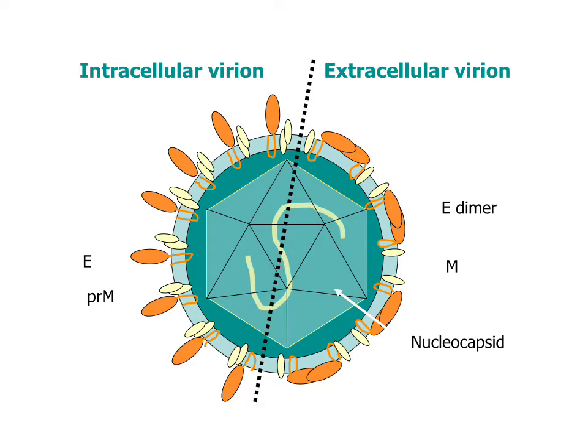Flaviviruses have 7 non-structural and 3 structural proteins. The structural proteins are designated E, PRM/M, and C for envelope, precursor of the membrane or membrane, and capsid proteins respectively. The precursor M protein associates with the E protein in the endoplasmic reticulum to form a heterodimer.